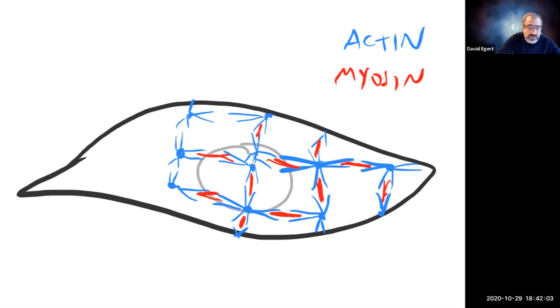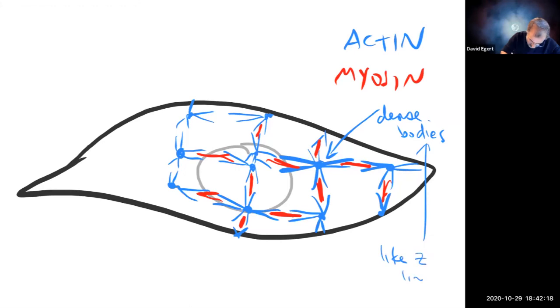It's more in this lattice. The actin is anchored by these little things called dense bodies. You can think of them as kind of like the Z lines, in that when the myosin pulls on the actin, all the dense bodies get pulled towards each other.